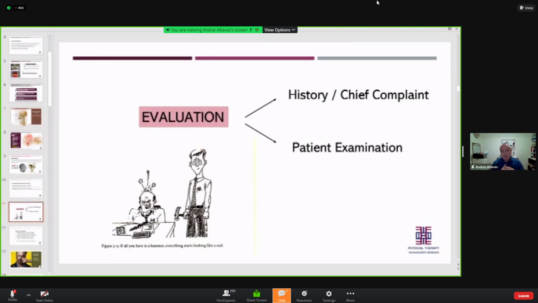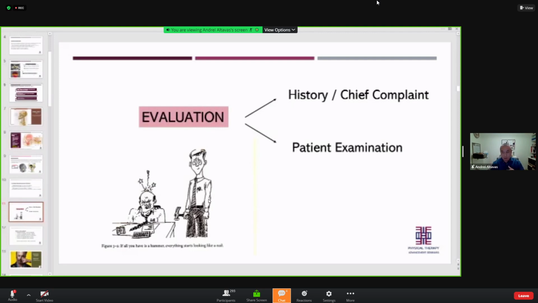In your evaluation form, you always have the history and chief complaint, which is very important for us to determine a working hypothesis. By asking key important questions in the history and on the patient's chief complaint, you'll get the whole picture at least by 50%. You'll develop a working hypothesis as to what you're going to do next.